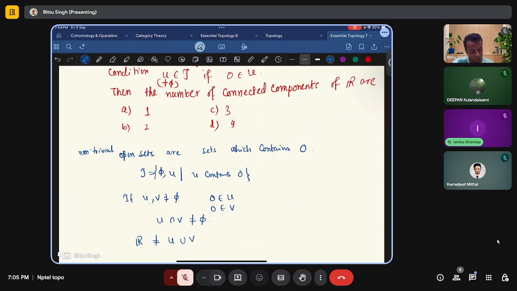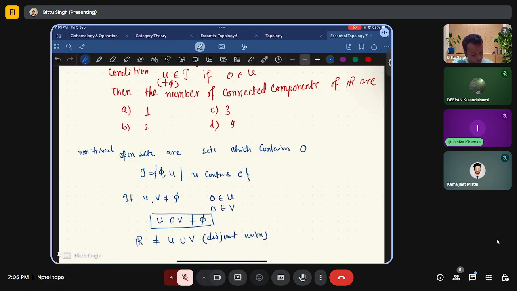So you cannot write R as a union of non-empty sets because both contain 0. Whatever U and V you choose, both will contain 0. So R cannot be written as a disjoint union.